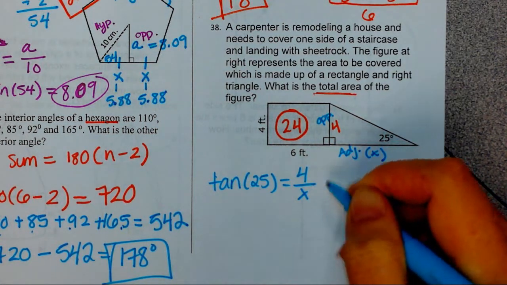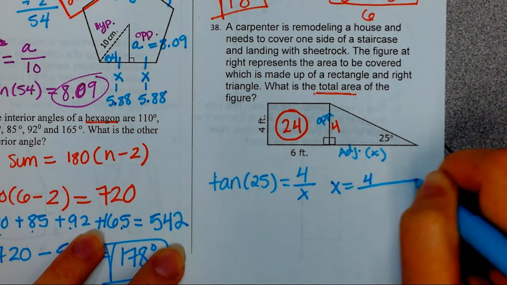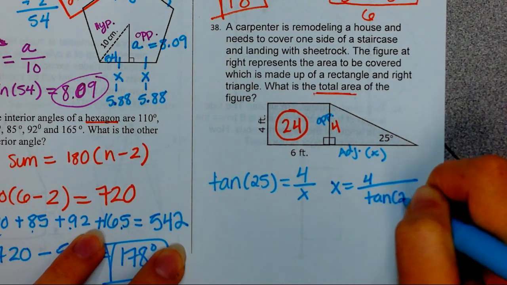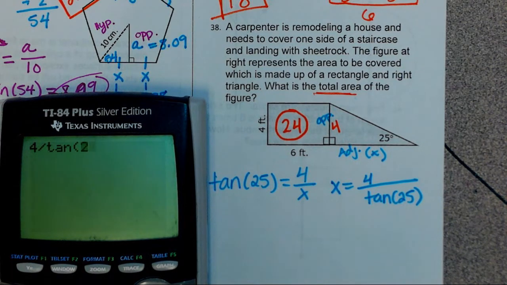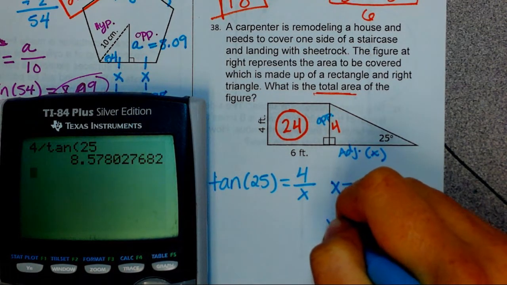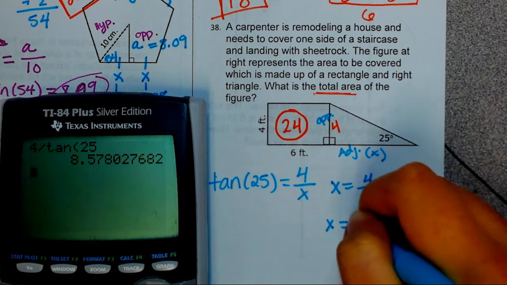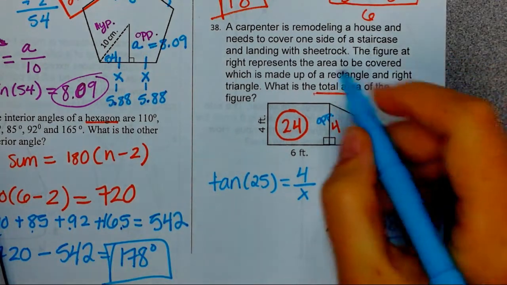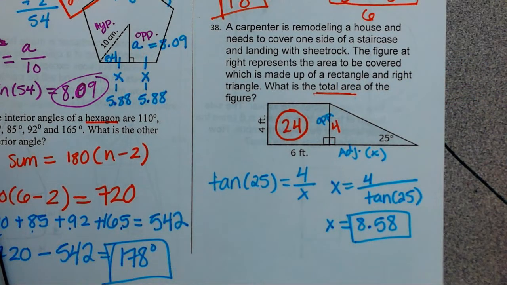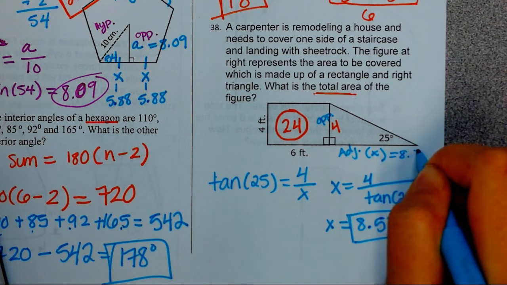Since x is in the denominator, we're going to divide. So x is equal to 4 divided by the tangent of 25, which is equal to 8.58. Okay, so since we're only getting area and we're not worried about perimeter, all we need here is the base.